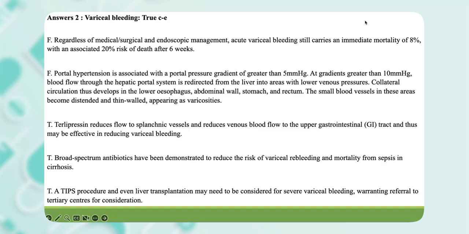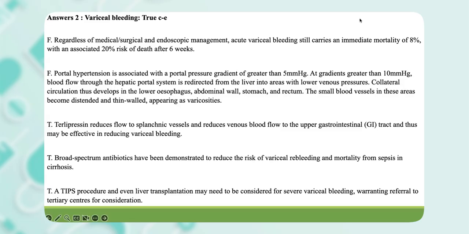So the mortality is around 8%, and 6-week mortality is around 20% in severe upper GI bleeding. So please remember that variceal bleeding mortality is high, and portal hypertension, yes, it is associated as a cause, but it is not the commonest cause.